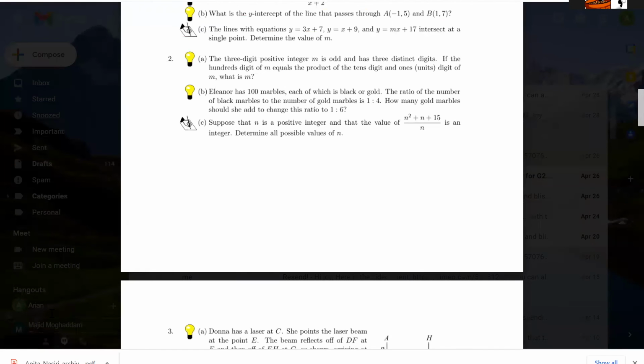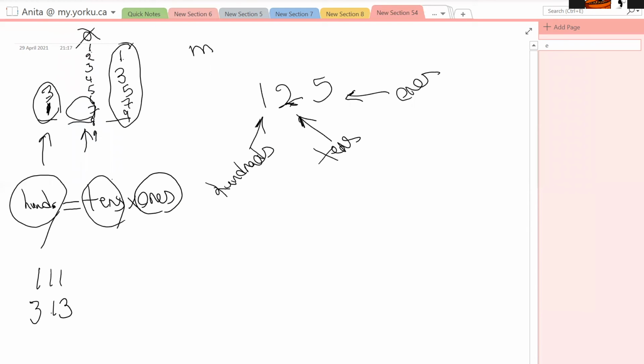But look at the question. The 3-digit positive integer m is odd, and it has 3 distinct digits. Distinct means none of the digits are like each other; it's not repetitive. But in these examples, 1 is repetitive, 3 is repetitive, so these are not valid. Therefore, can tens be 1?